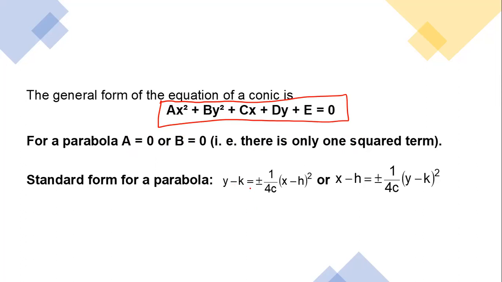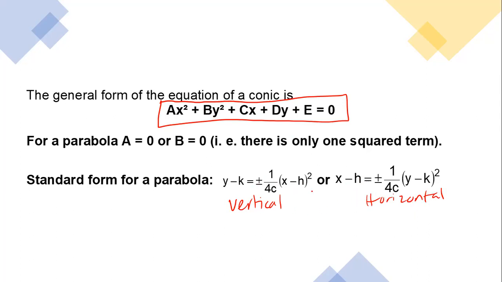And if you did your 11.1, this is the standard form for a vertical parabola. So we're going to write vertical. Or if you're given your B, that means you're going to have a horizontal parabola, and this is the standard form of a horizontal parabola.